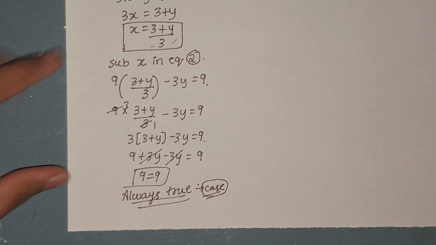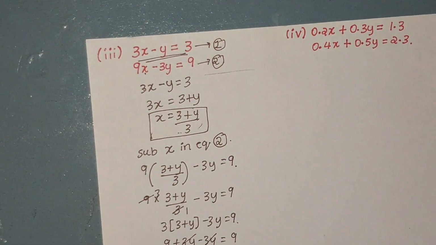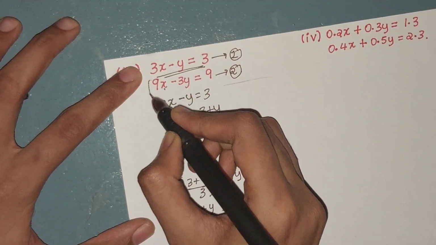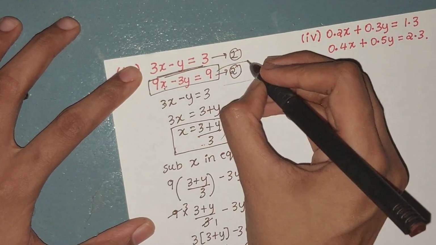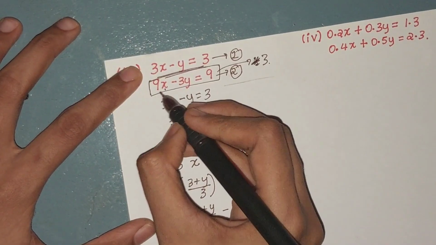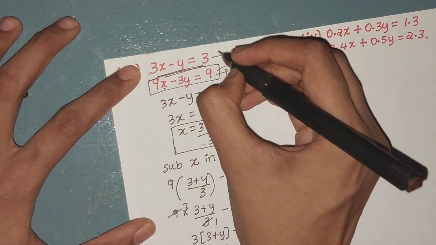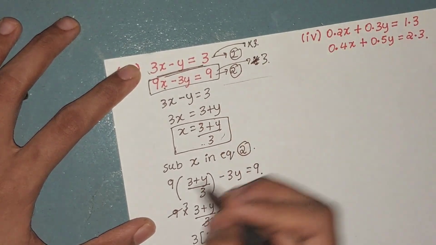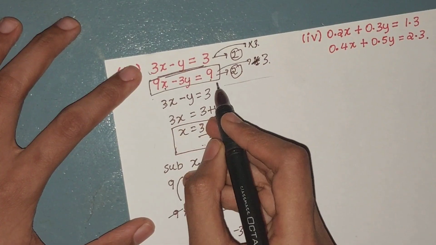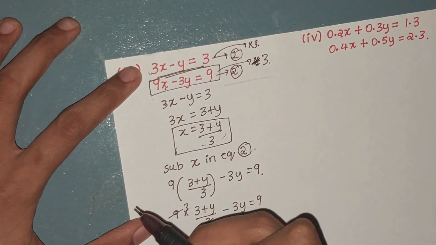I'm going to tell you why I told you to observe the equation. If you divide the first equation by 3, you get the other equation. Or if you multiply this equation by 3, you get the second equation.